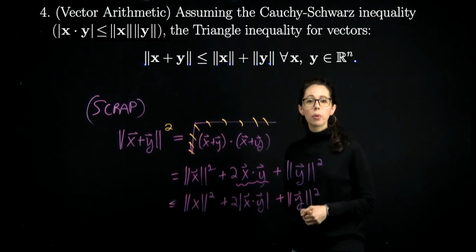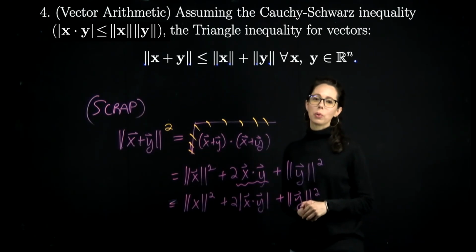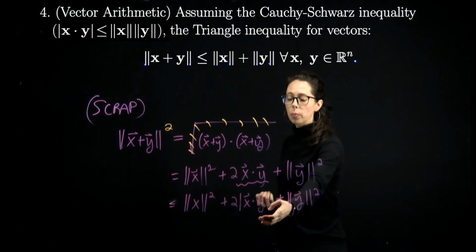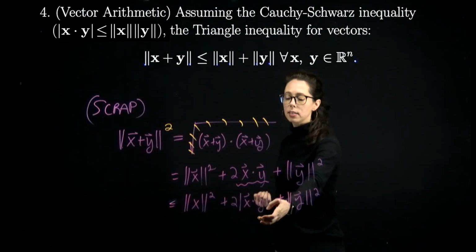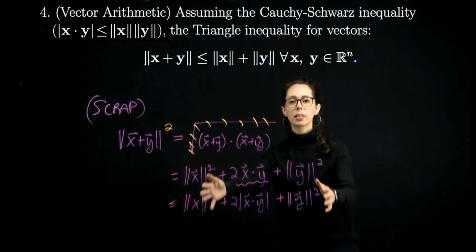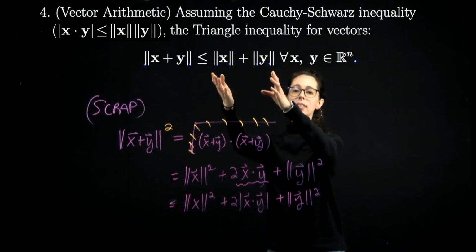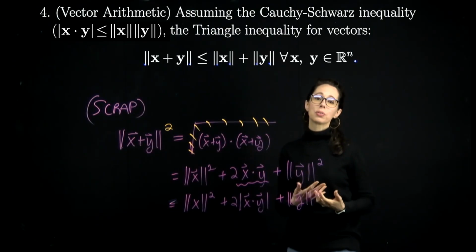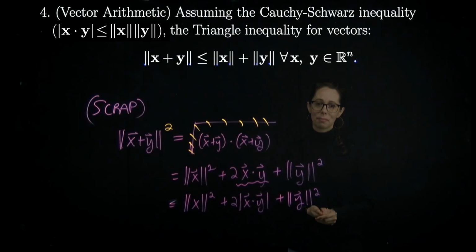I have a separate video on Cauchy-Schwarz that I will link to in this video's description, but Cauchy-Schwarz will work for us right here. So we will be able to replace the absolute value of x dot y with the product of the length of x and the length of y. Once we've done that, we recognize the same kind of expansion of, say, this side that we had in the previous proof. So that's why I like this exercise. It follows the algebra that we've already done.